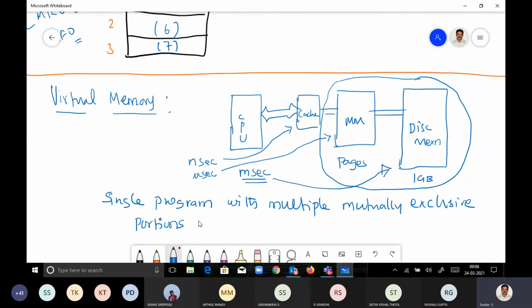We have written a single program, but there are some mutually exclusive portions. In that case, this program is in disk memory.